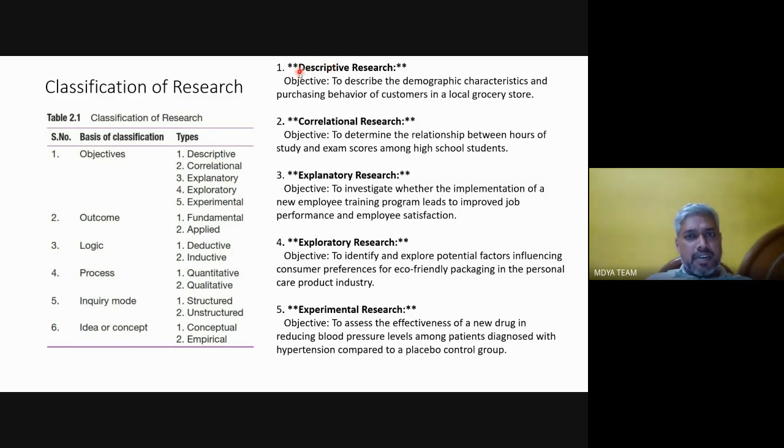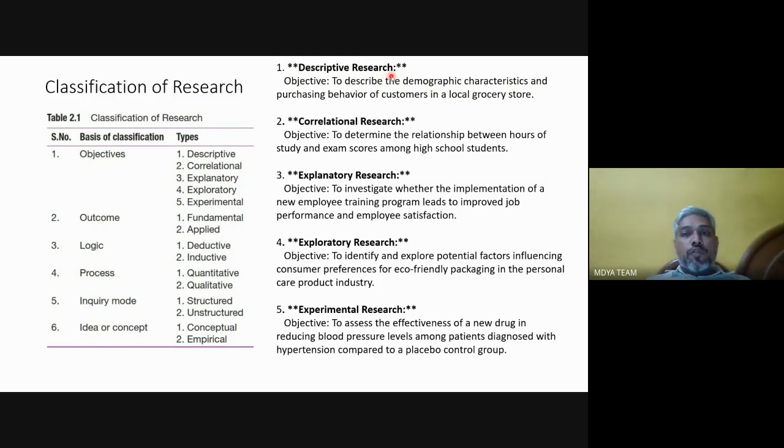So we understand from here. In descriptive research, what objective will you take? To describe the demographic characteristics and purchasing behavior of customers in a local grocery store. Here the word we are using in our objective is describe the demographic characteristics in a descriptive research.